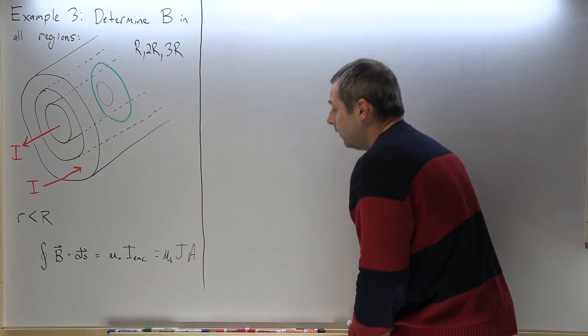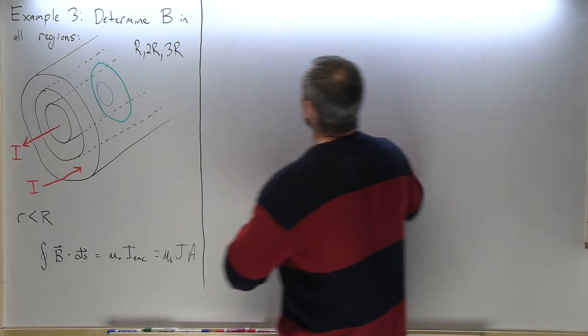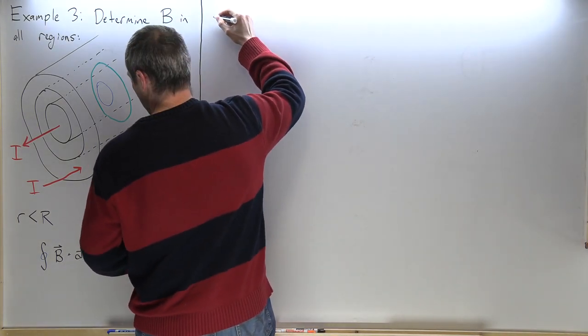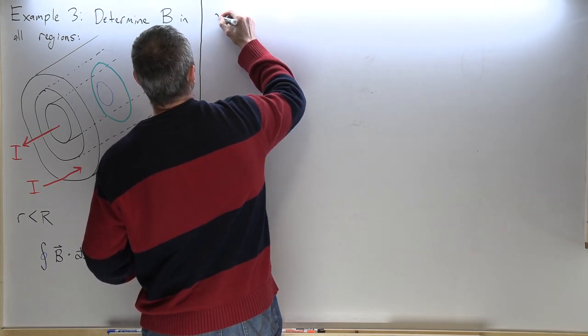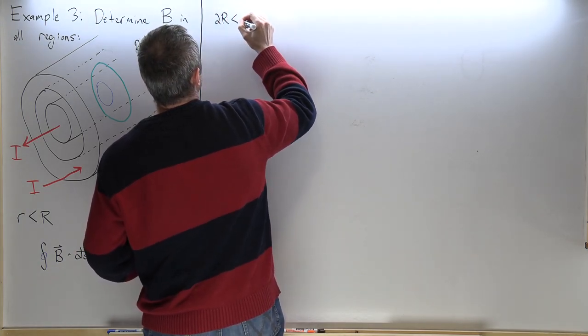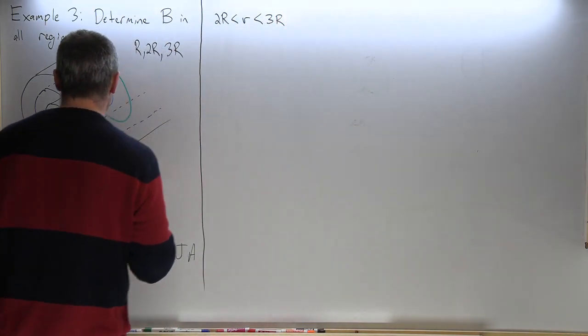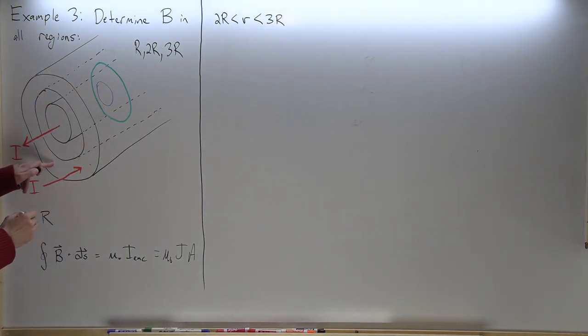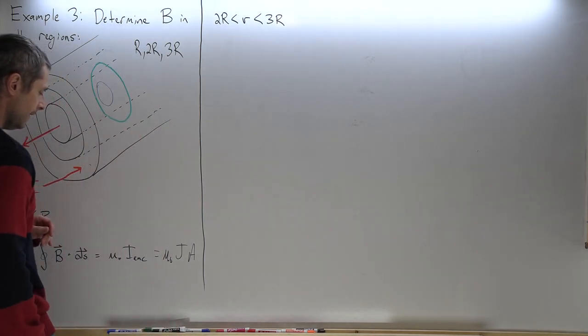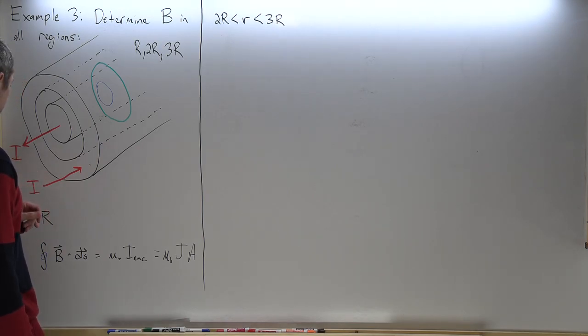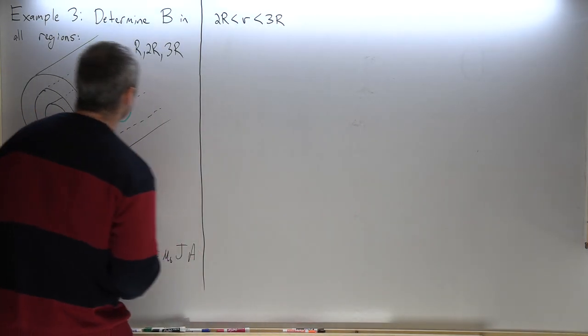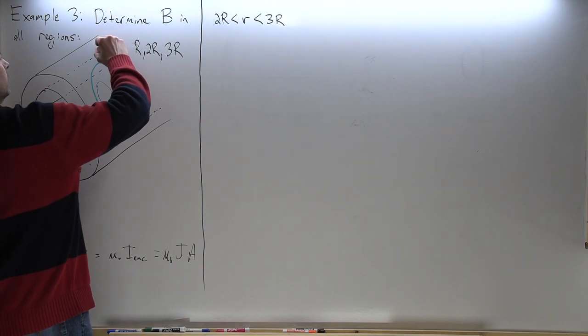Okay. All right, so for this part we're going to be greater than 2R, but less than 3R. In other words, inside this outer conductor. So I need to make an Amperian loop. Maybe I'll use red again. The other colors don't show up so well.